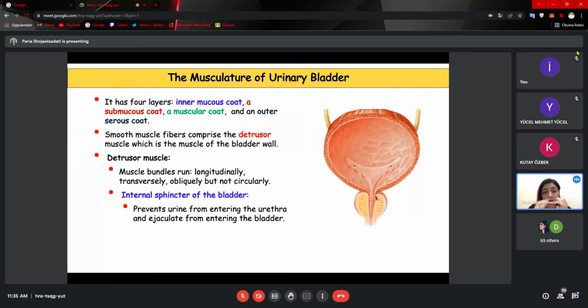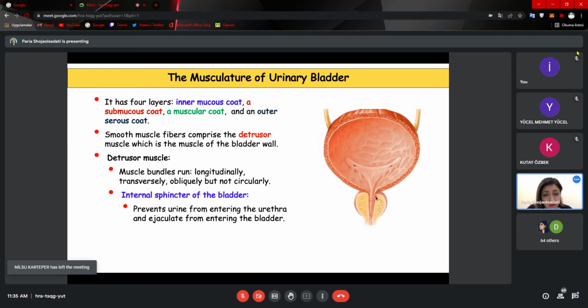Smooth muscle fibers comprise the detrusor muscle, which is the muscle of the bladder wall, and can extend and contract. The muscle bundles run longitudinally, transversely, and obliquely, but not circularly.